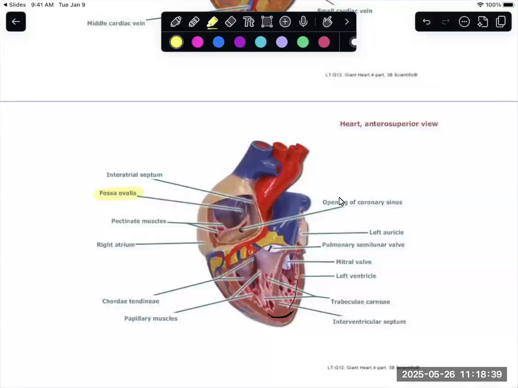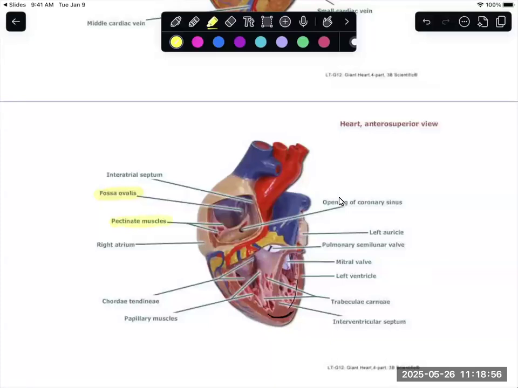In our atrium, we have what are known as pectinate muscles. These little pectinate muscles help the atrium contract to push blood into our ventricles.